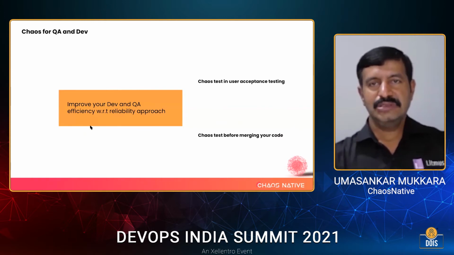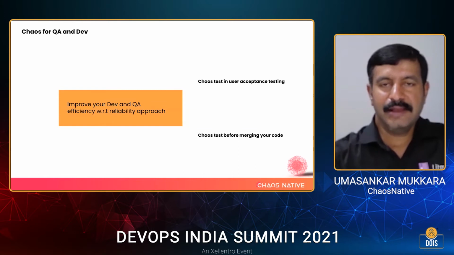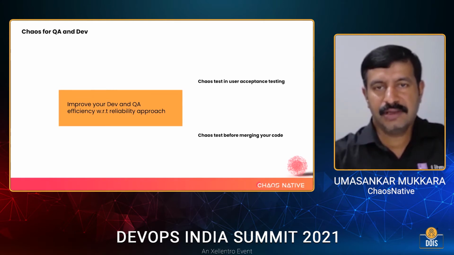So when it comes to chaos for QA and dev, it's really about adding chaos or negative testing to your existing practices, right? As QA, you are doing failure testing in your DevOps cycle, and you need to add chaos testing as a separate stage.